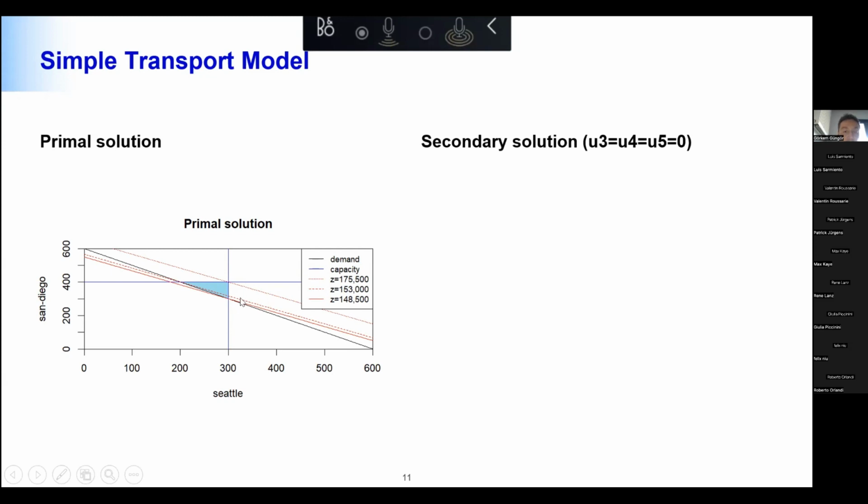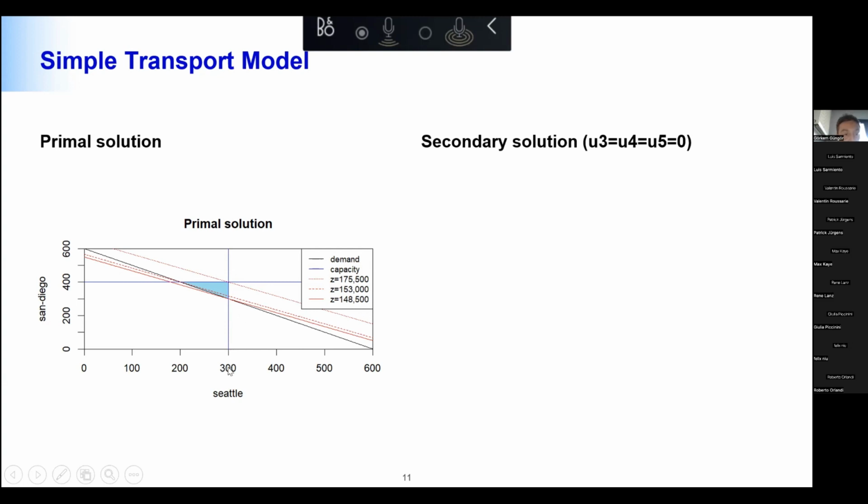But our optimal solution has to be the minimum cost of this transportation. So looking at Z and giving values to Z at the corner solutions, where the production capacities of San Diego and Seattle interact, we can see that the minimum cost of Z equals $148,500 US.